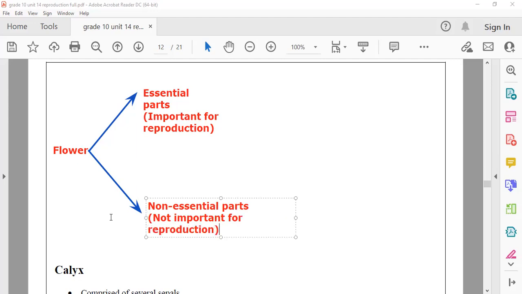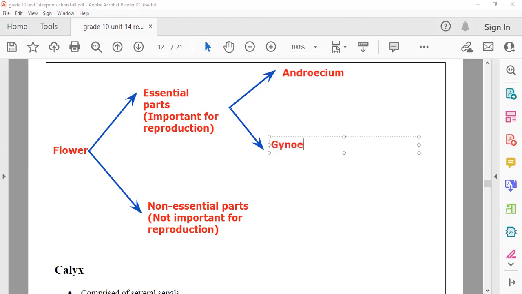In the essential parts, we have the androecium and gynoecium. Androecium and gynoecium come under essential parts.